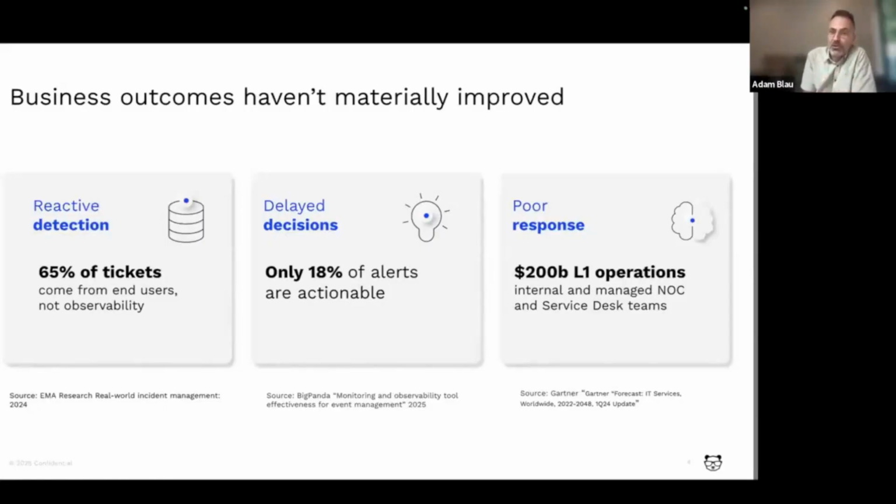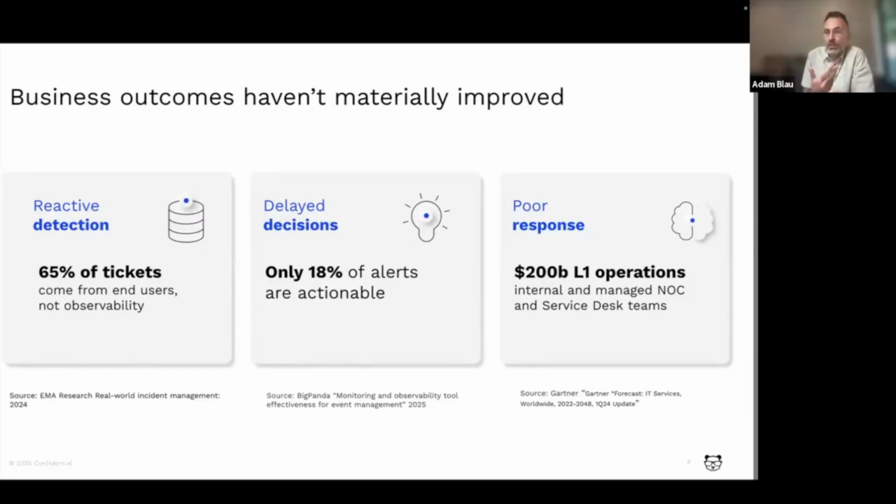And some data from Gartner shows customers are spending $200 billion on these human-led manual IT workflows to detect and respond to alerts as they come up before they become incidents. But most of the time, organizations are just reacting to what customers are telling them, leading to eroded customer trust, high costs, and delayed response.